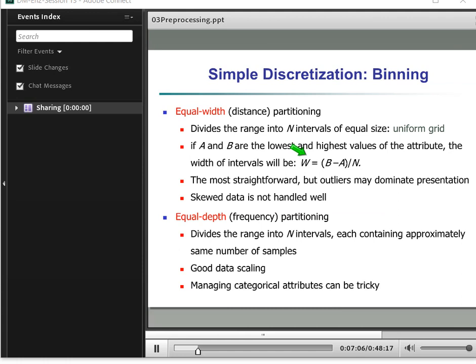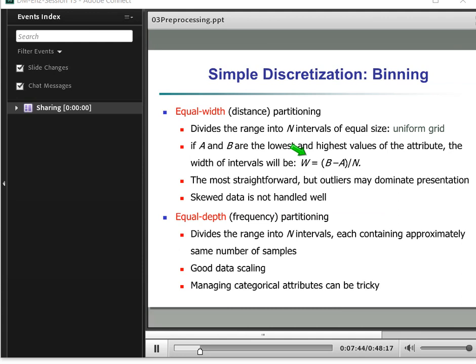The width of each bin can be calculated using this formula: W is equal to (B minus A) divided by N. B is the highest value in my set of values related to one specific attribute, A is the lowest value in that set, and N is the number of bins.